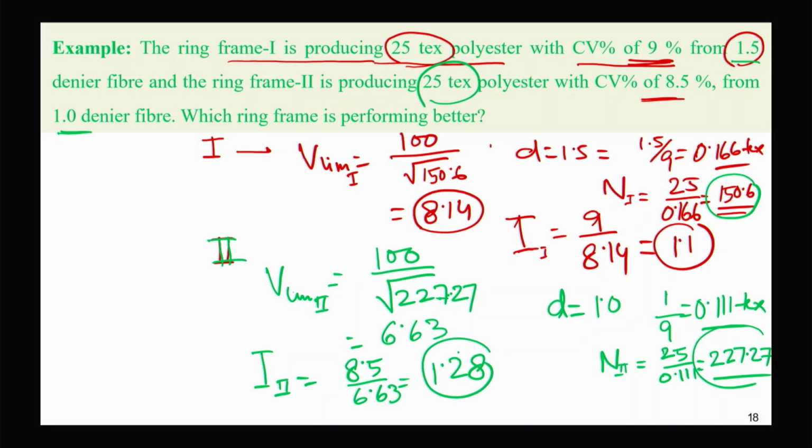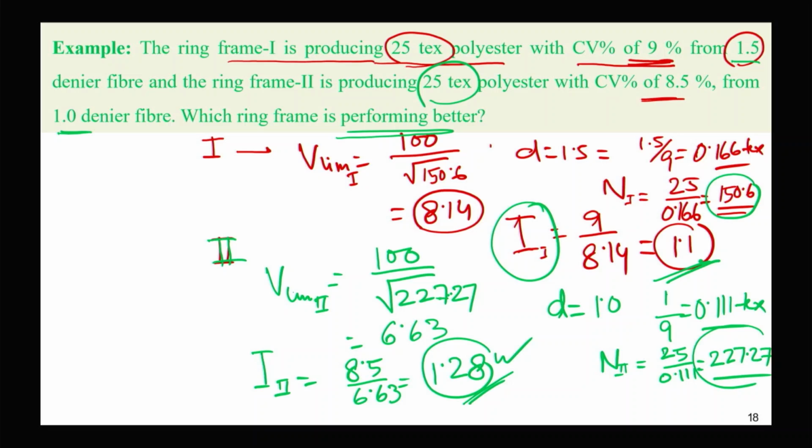Now to judge the performance, we have to compare the index of irregularity. So as index of irregularity of ring frame 1 is lower than ring frame 2, and the lower the index of irregularity, the better the performance.